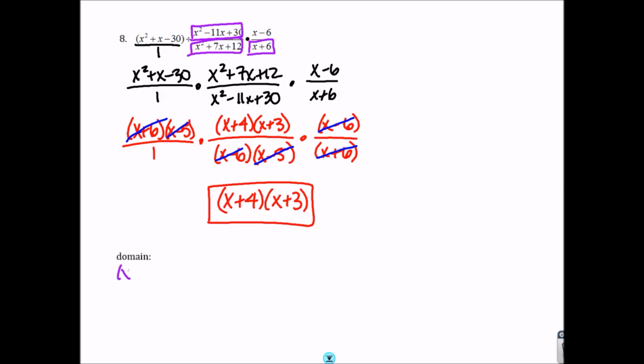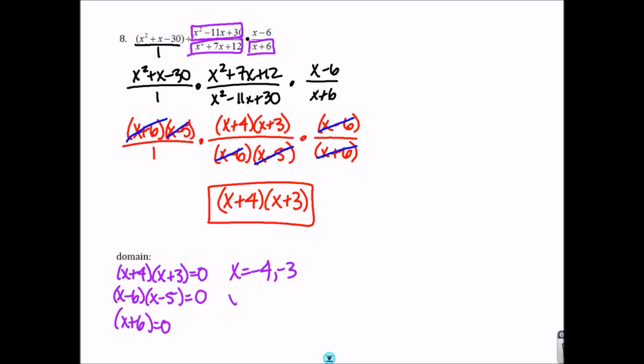So if we have x plus 4 times x plus 3 equals 0, x minus 6 times x minus 5 equals 0, and x plus 6 equals 0. Our domain restrictions will be negative 4, negative 3, 6, 5, and negative 6.